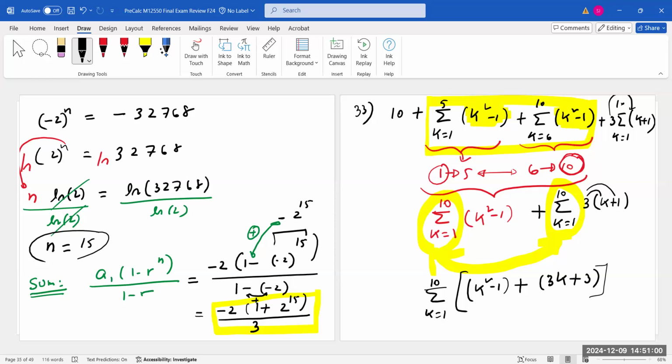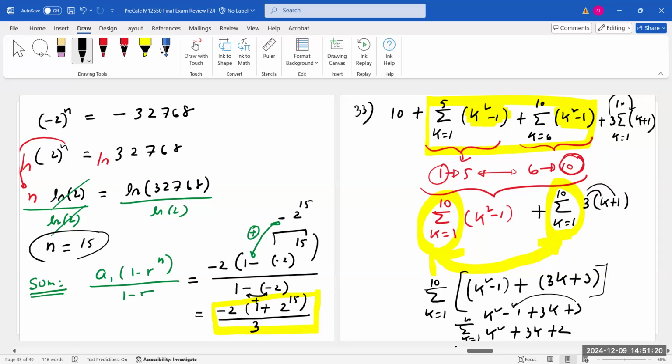When you combine them, 3 minus 1 is 2, so we get k squared plus 3k plus 2, and our sum starts from 1 to 10.